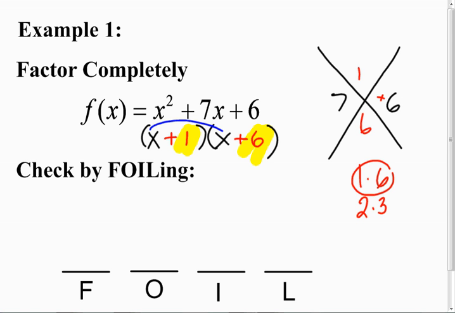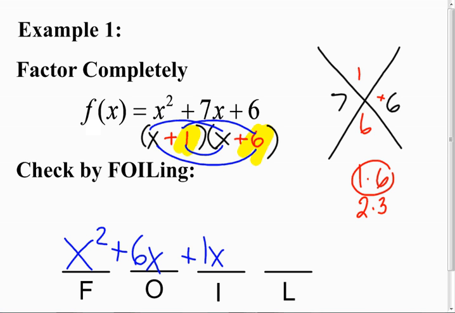You're going to get x squared, and then you do the outers, plus what? 6x. What are the inners? 1x, that's right. And what's the last? This is how we multiply 2 binomials. So it's plus what? 6. So if you simplify that, what does this end up giving me? 7x. That's all there is.